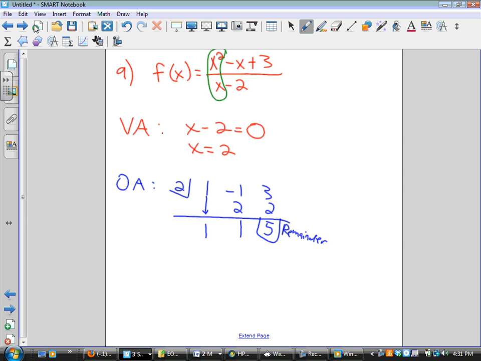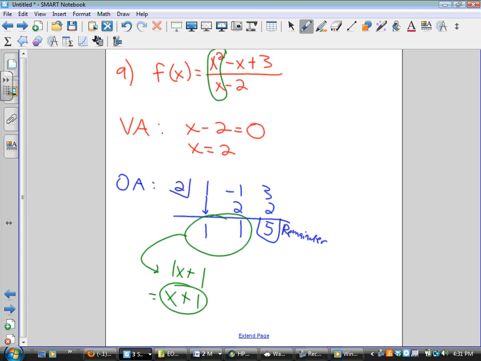So all we have to do is look at those numbers, and we are going to make those the coefficients of our oblique asymptote. And so this becomes 1x plus 1, which is just x plus 1. So our oblique asymptote is just x plus 1.